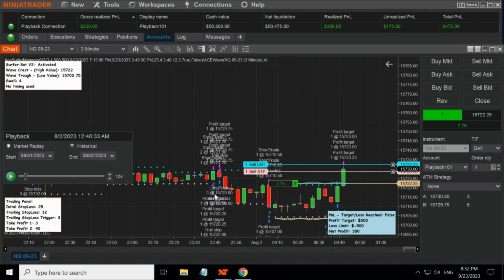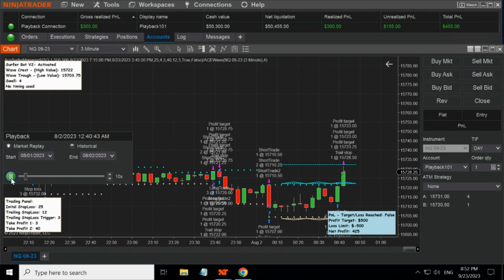Oh, there you go. It's able to follow up really nicely. Oh, there we go. So we didn't actually get our second take profit at the top. There was a bit of a pullback, but you can kind of see we now moved our profit up. Okay, with a really nice 3 tick take profit for 1, and then I'm not sure, I have to do the math on that. It's roughly about 5 points for that final contract.